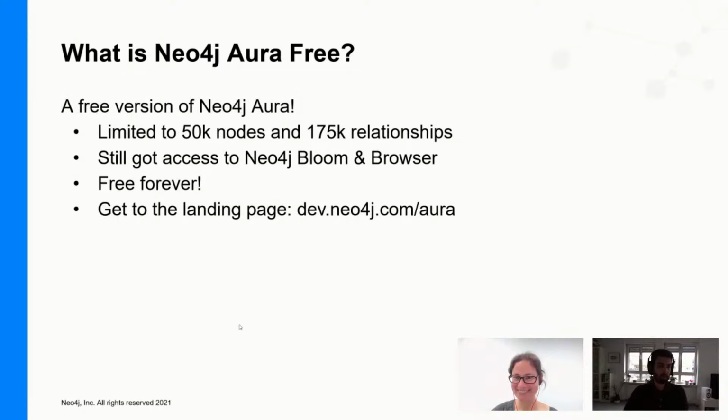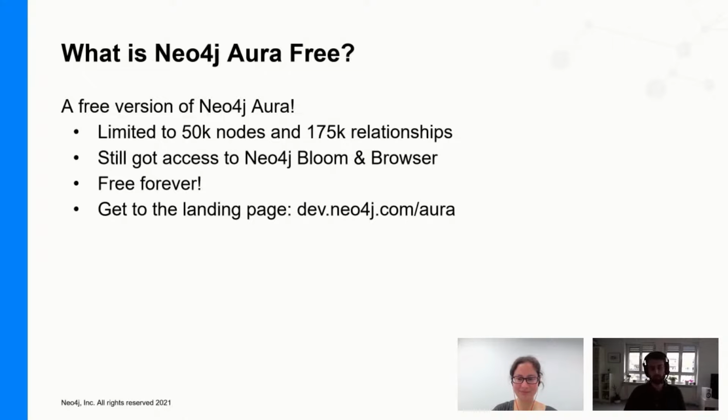So then a little overview of what Neo4j Aura Free is. It is the free version of Neo4j Aura. How often can you say Neo4j Aura in two sentences? You have a limited edition that gives you 50,000 nodes and 175,000 relationships. That's a fairly good project size for a test run and for developing a first project.